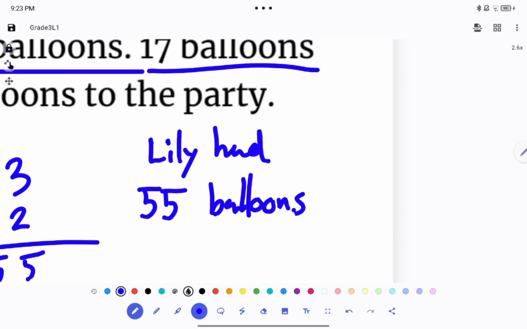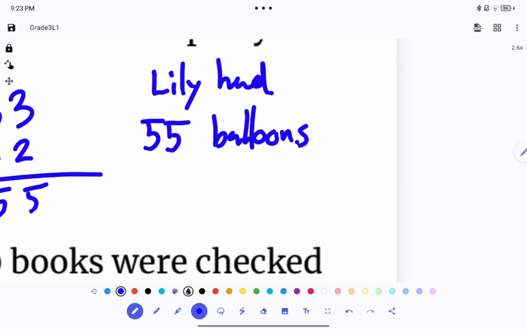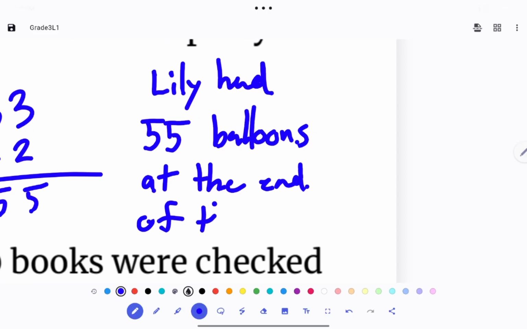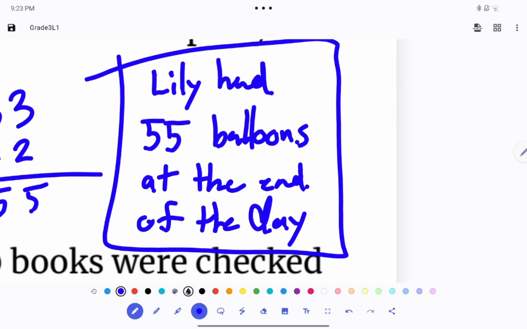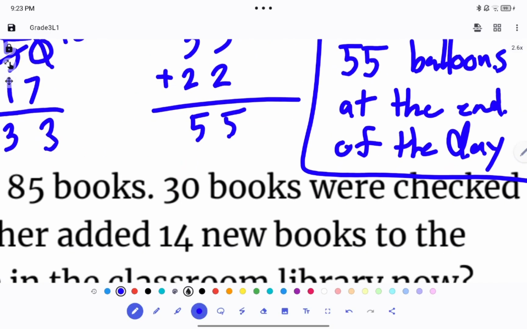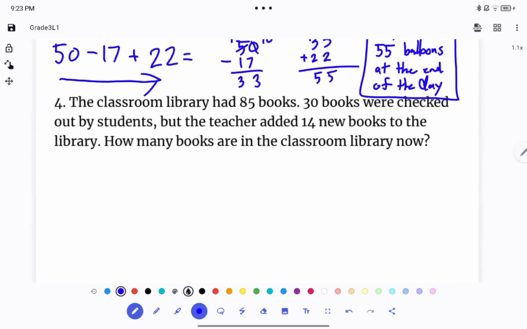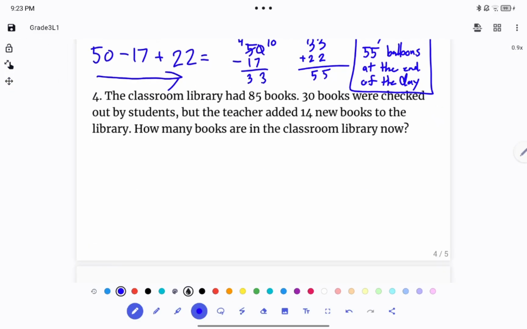Not their L. Now you don't have to write specifically how I've written it. You could say, Lily now has 55 balloons, or Lily's birthday party now has 55 balloons, or such and such. Remember, this is English. You could change it in so many different ways.